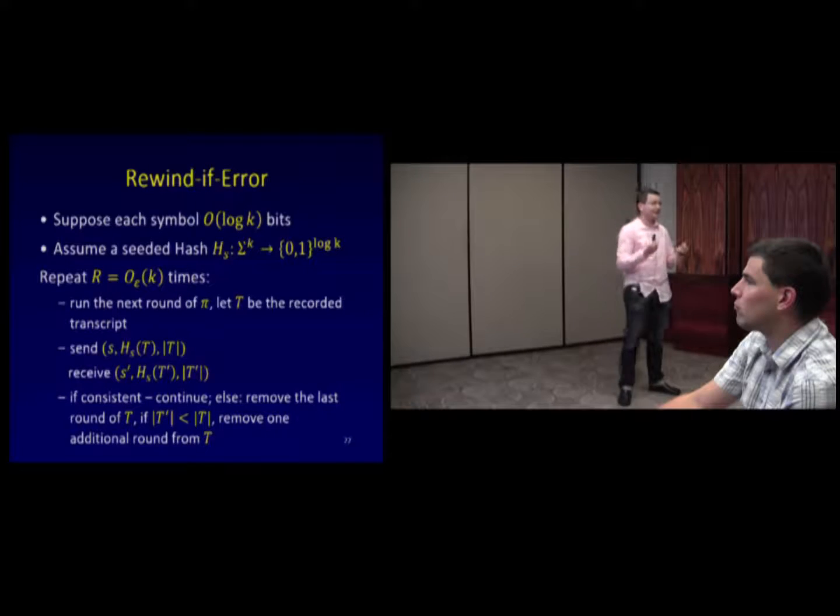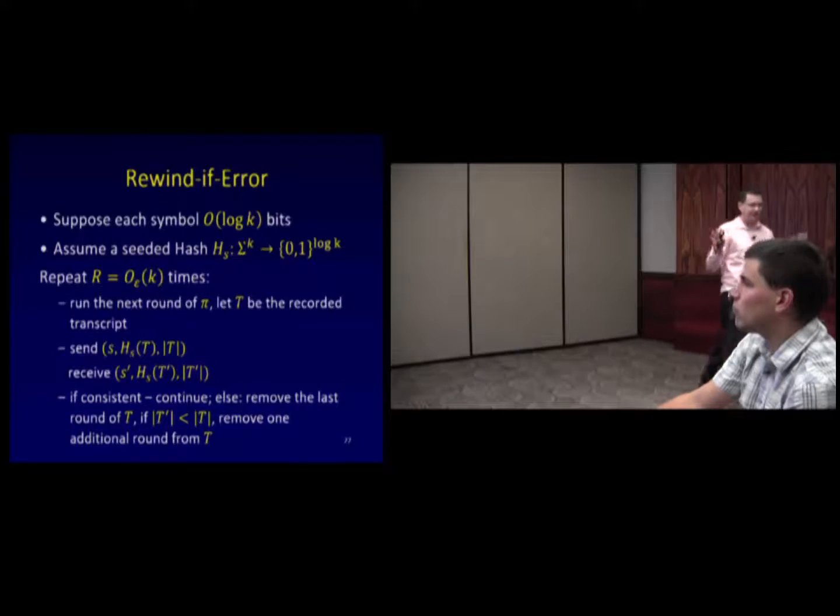This is pretty pedestrian, but already we need to worry about the following things. We said if they disagree, they roll back. In an adversarial scenario, what can happen is that Alice thinks she's fine, Bob thinks they're not. So Bob rolls back, Alice stays put or advances, and that's something you have to worry about.